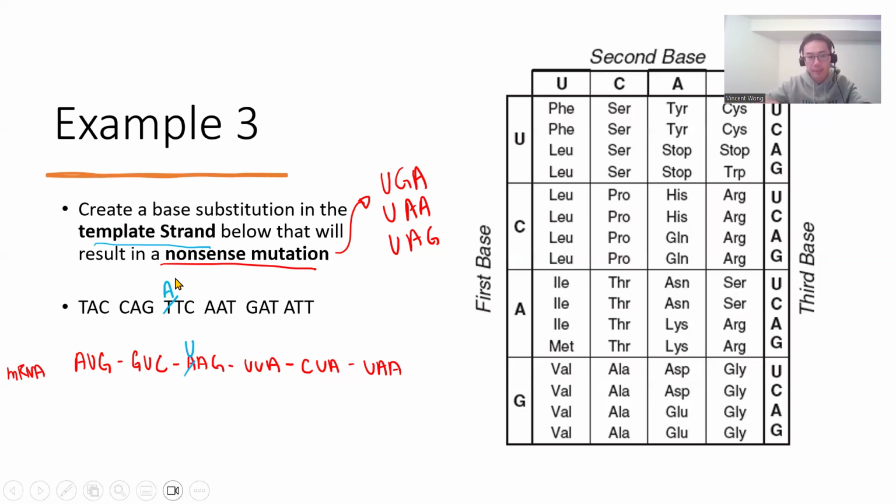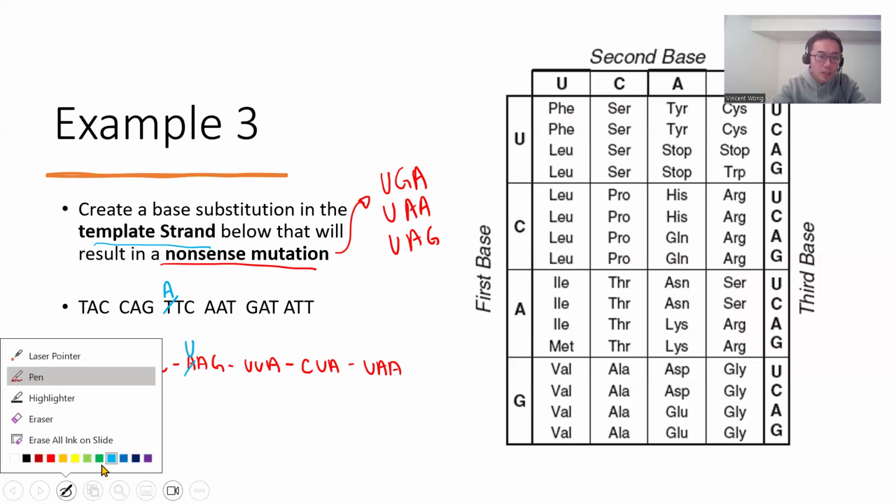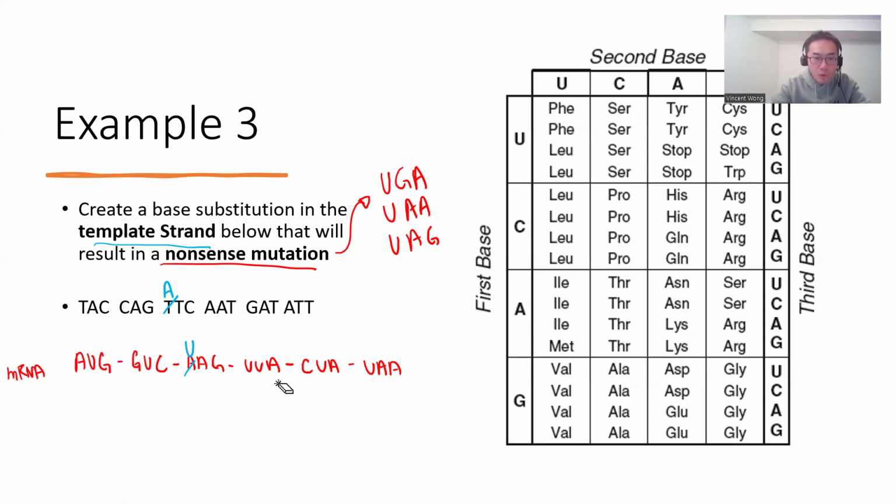So we have to flip it. You can do it here as well. Instead of UUA, we can change it to UAA. That's another stop codon. So there are multiple ways this could happen.